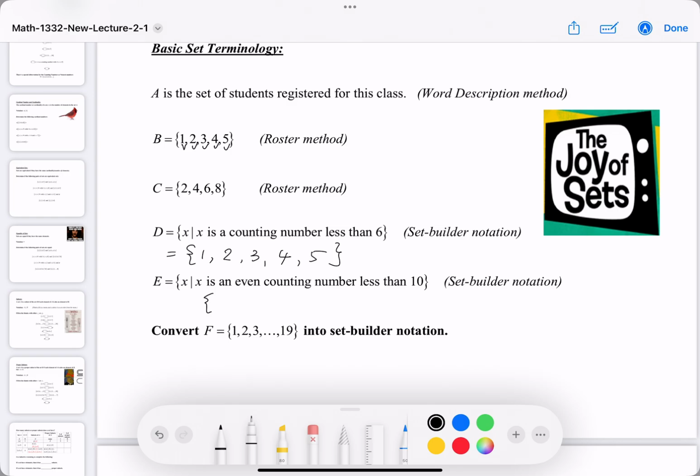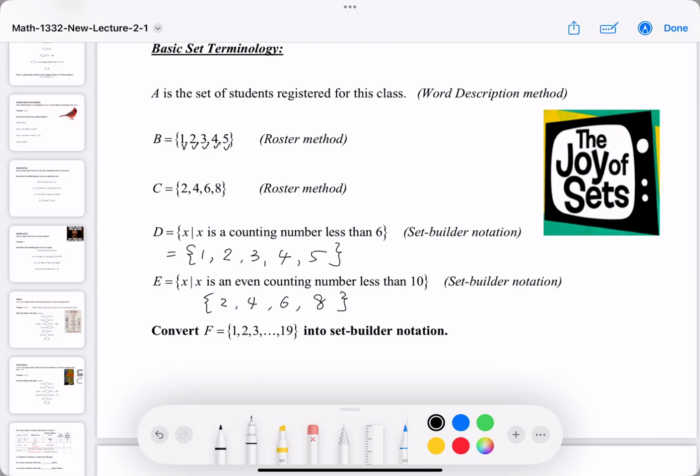Even counting numbers are 2, 4, 6, 8, 10, etc. So we start from 2, the first even number, then the second even number 4, and 6, 8. Can I list 10? Is 10 an even number less than 10? I cannot list 10, because 10 is equal to 10. All right, we list all of the elements of E.